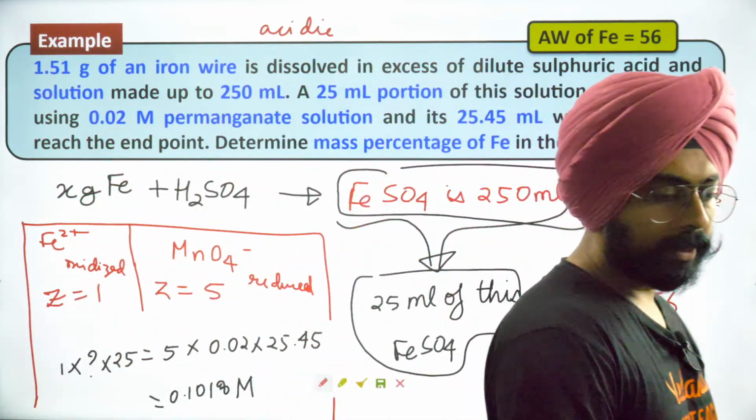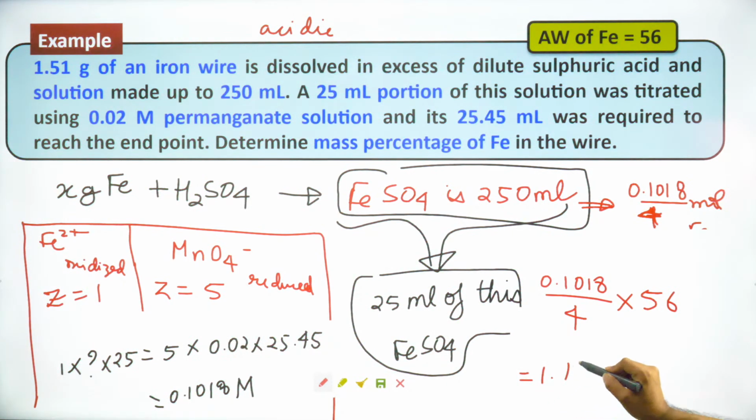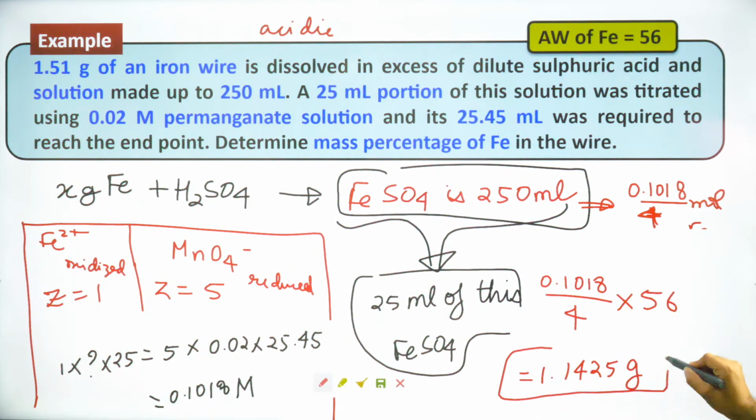Let's calculate this accurately. This is 1.1425. So this is the mass of iron in the wire.